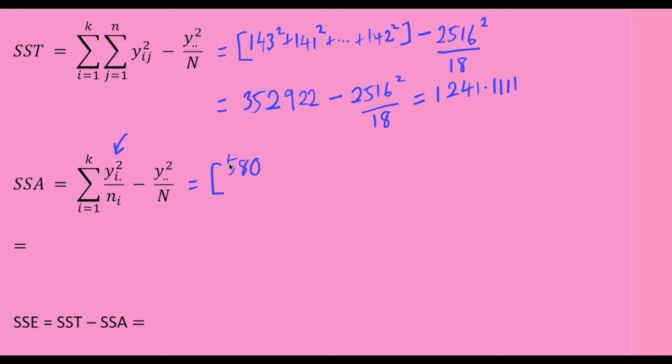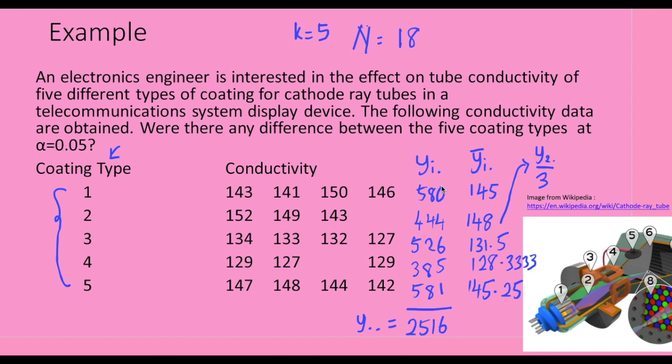So y1 dot is this, and n1 would be 4. y2 dot is 444, n2 would be 3. y3 dot is 526, and n3 would be 4. And n4 would be 3, and n5 would be 4.